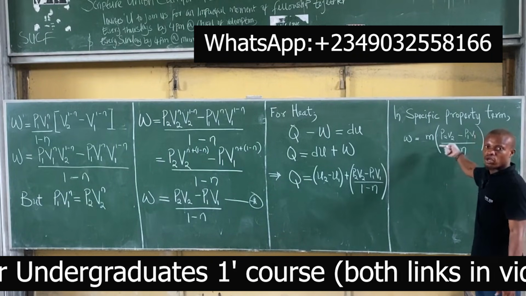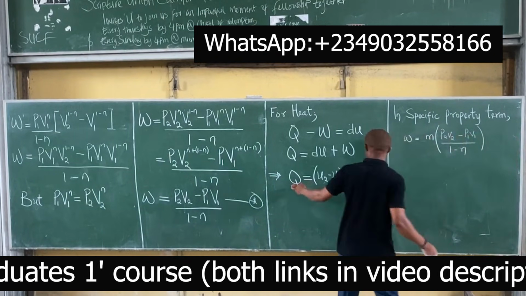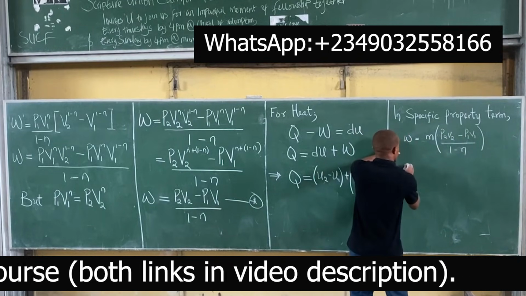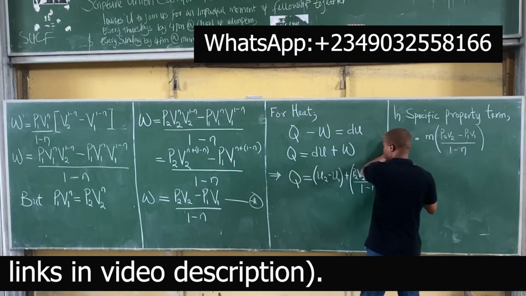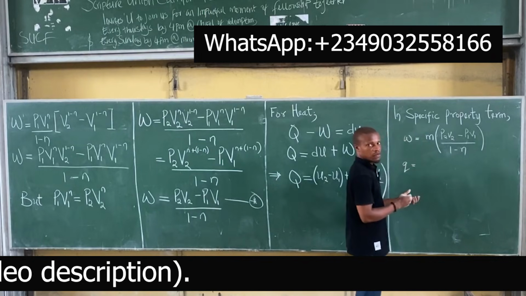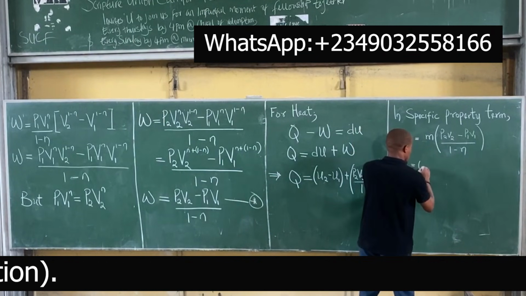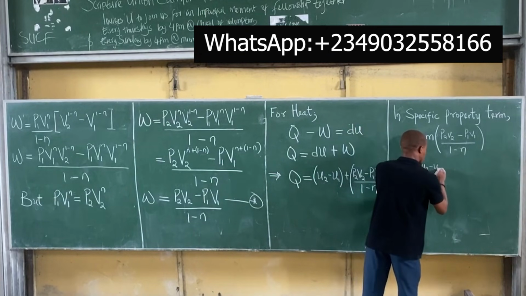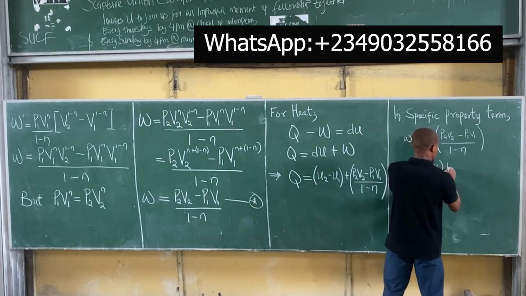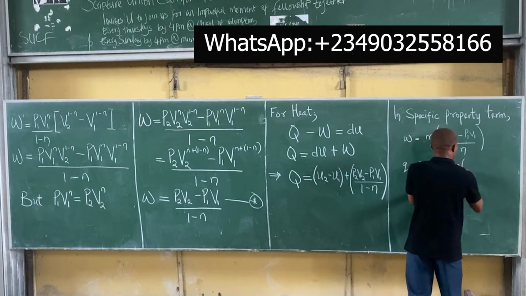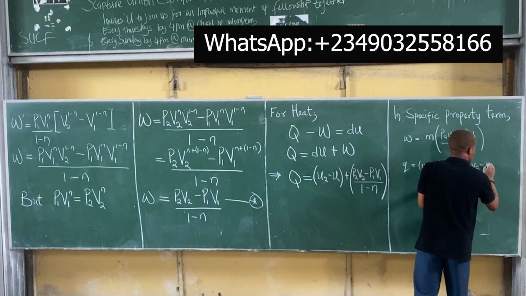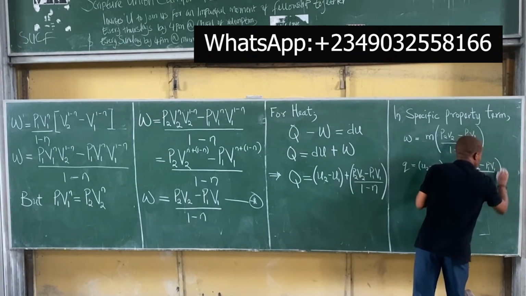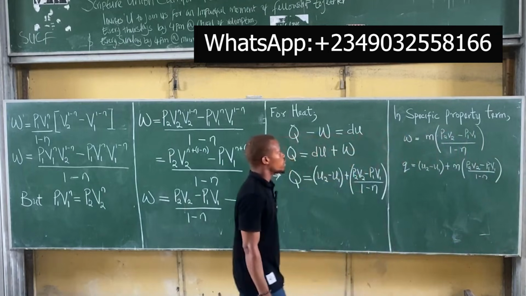That is for the work done. Then for our heat transfer, Q becomes the specific internal energy, lowercase u2 minus u1, plus m times bracket P2 v2 minus P1 v1, over 1 minus n. So that is it in specific property terms.